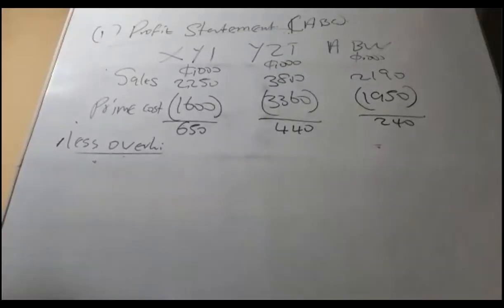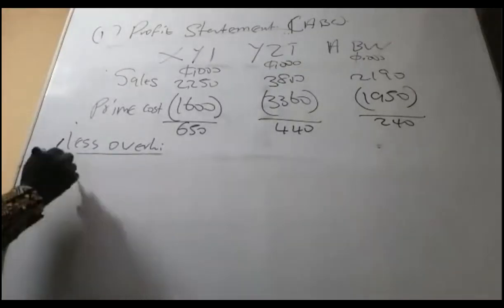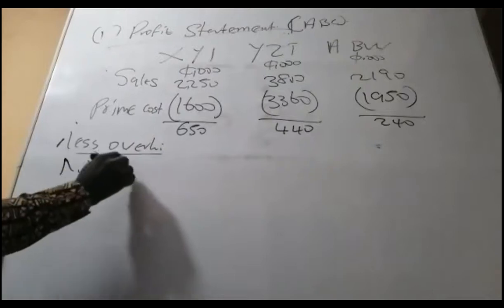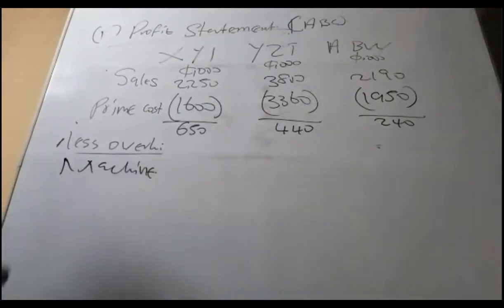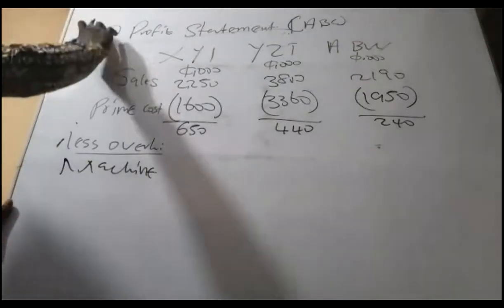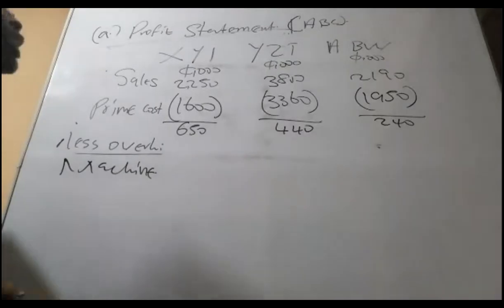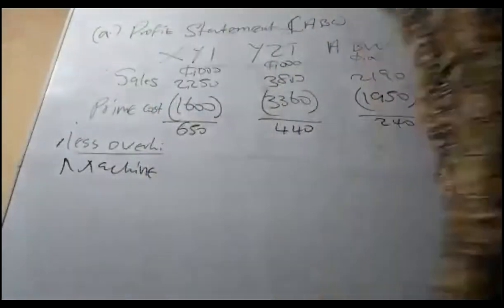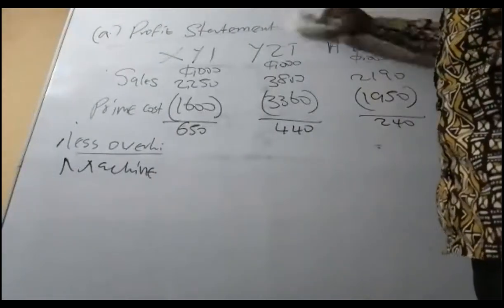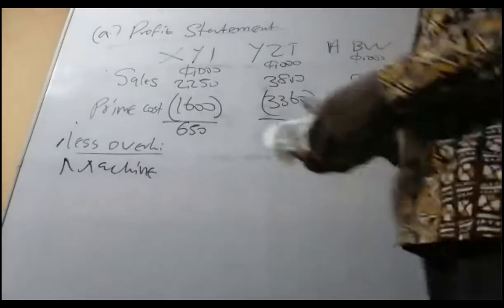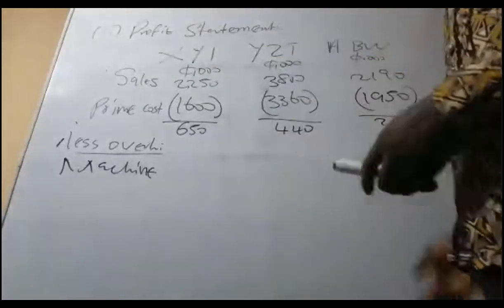So here the first one will be the machine department. Wait, you said this one is A or B? This is the A, the traditional cost system. We wrote A, but what we calculated for was ABC. So we are doing the first one, that's the I, the very first one, the absorption.